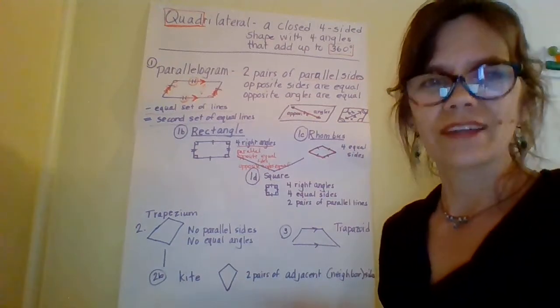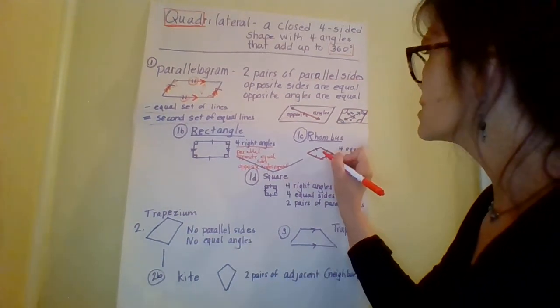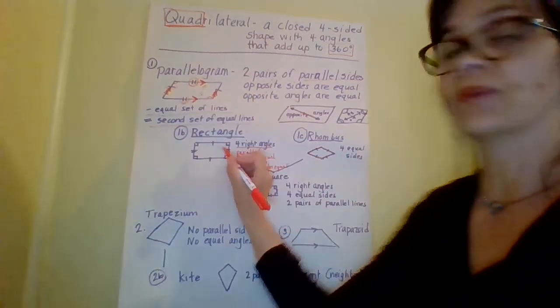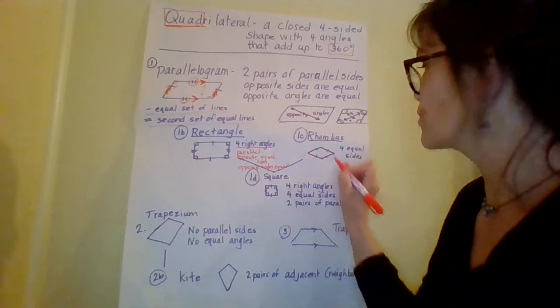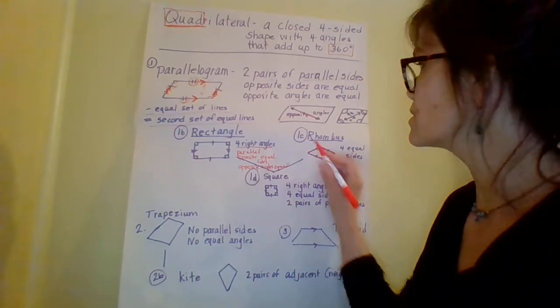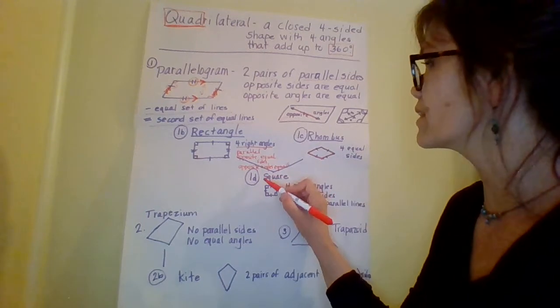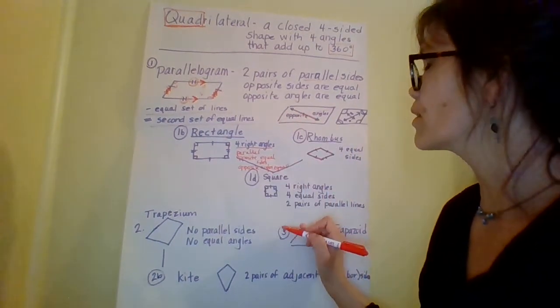They are more like a diamond. So a rhombus is a kind of parallelogram, but it's not a rectangle because it doesn't have 90-degree angles. Okay? Does that make sense? So a rhombus is a kind of parallelogram, but not a kind of rectangle.